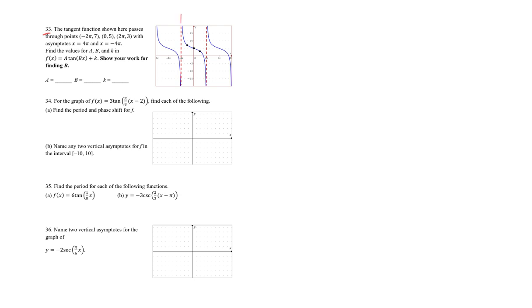So we know from vertical asymptote to vertical asymptote is 1 period. And then the relationship that tangent has with its period is b is equal to pi over its period.